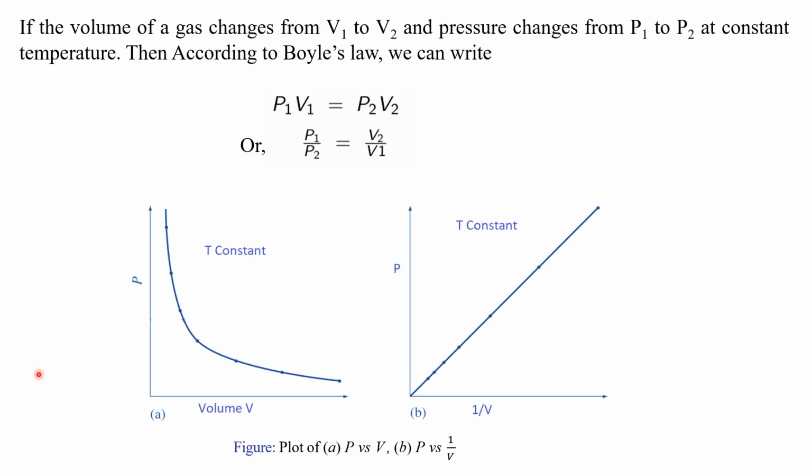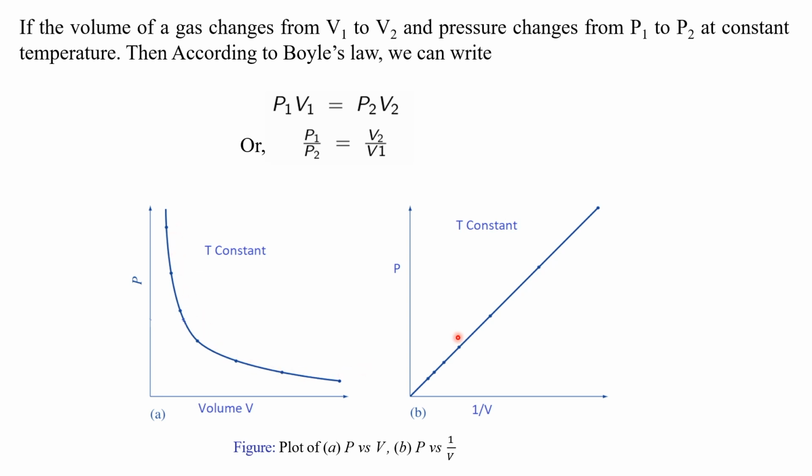So if the volume of the gas changes from V1 to V2 and pressure changes from P1 to P2 at constant temperature, then according to Boyle's law, we can write P1 V1 equals P2 V2, or P1 by P2 is V2 by V1. So when T is constant, if we plot P versus V, we get this kind of plot.